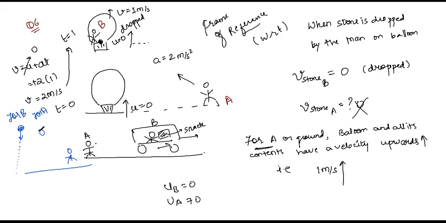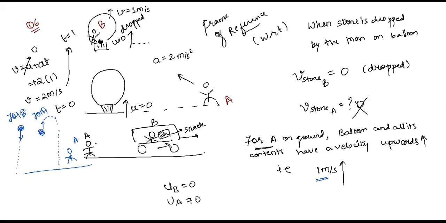Whereas for the man who is on the ground, the balloon has a velocity 1 meter per second with respect to this man A. So he will feel as if the balloon was going upwards. Suddenly, the man on the balloon left it. So he will feel as if the stone goes up and then comes down. See, so much a difference in perspective.